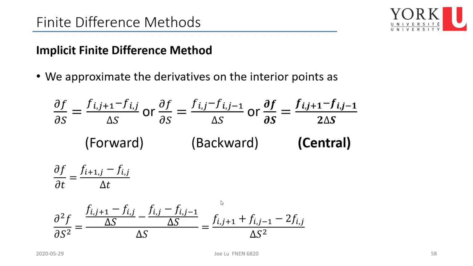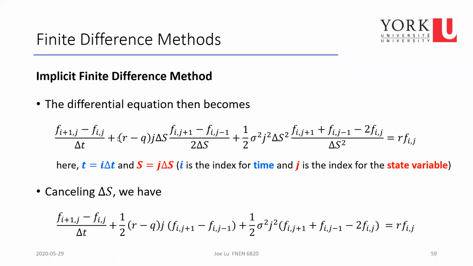Now you get everything. You just plug in the partial derivatives into that partial differential equation there. What you see here is that each S is basically j times delta S, that gives you the actual S, and time t is really i times delta t.